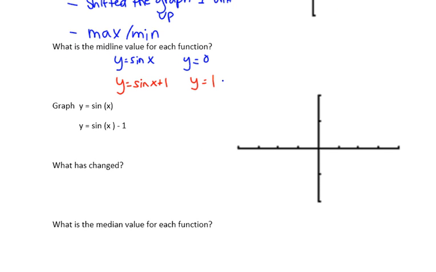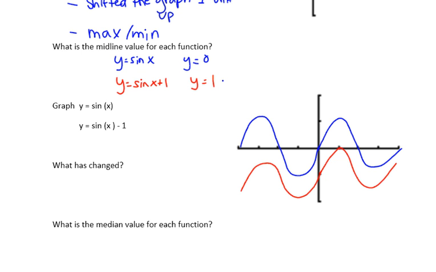So what would happen to this graph here? It would move 1 down. If we just did a really quick sketch of regular sine x, it would just move everything 1 unit down. Okay, that's not right. Something's wrong here. This would be here, down 1, down 1.